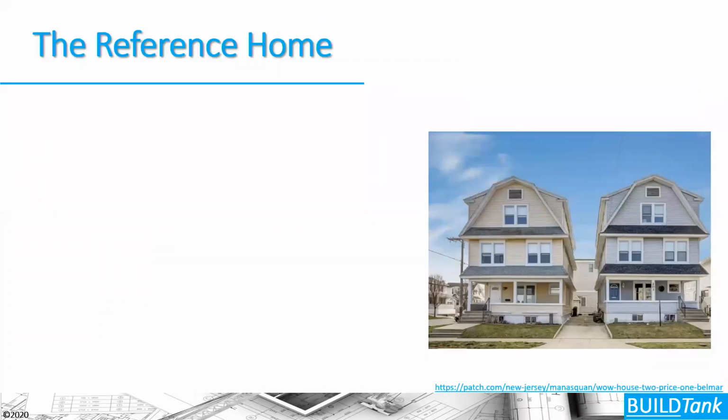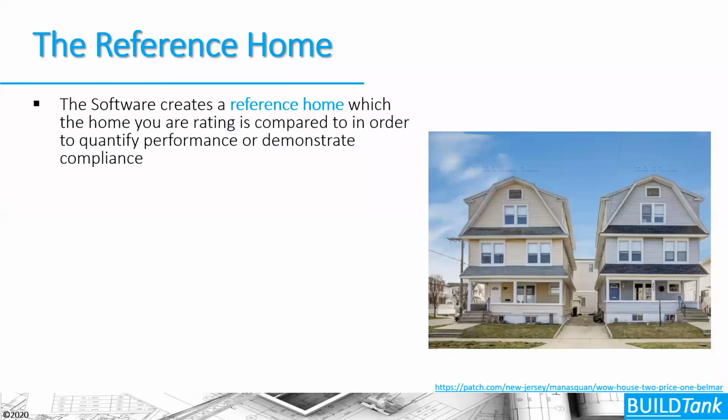So when we build a house inside of our software, we do a takeoff and we build all the components into the house, and the software builds a reference home. The reference home is the home that the rated home is compared to. The house that we're actually concerned about, we call the rated home, and that rated home is compared to a reference home.